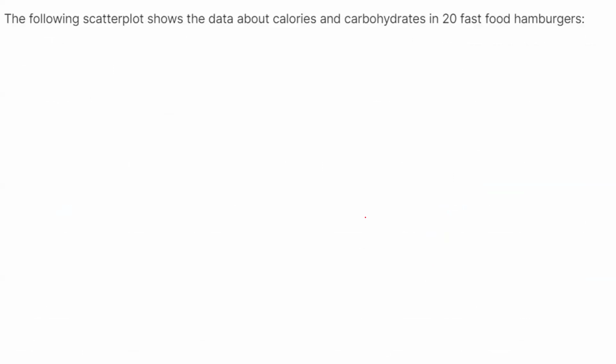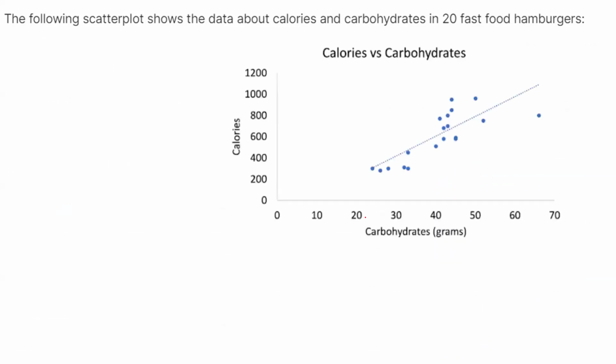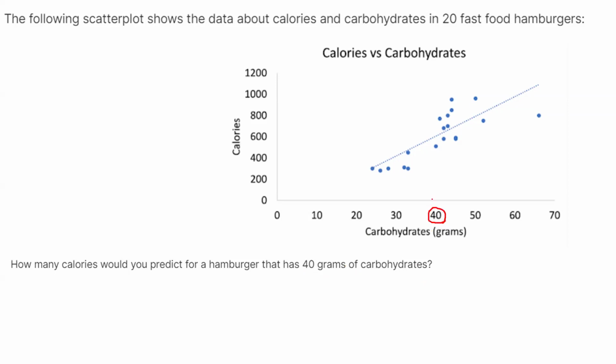The following scatter plot shows the data about calories and carbohydrates in 20 fast food hamburgers. Okay. The question says, how many calories would you predict for a hamburger that has 40 grams of carbohydrate? Okay. 40 grams of carbohydrate is just right here. But again, we don't have the actual data. We don't have the actual points associated to that.